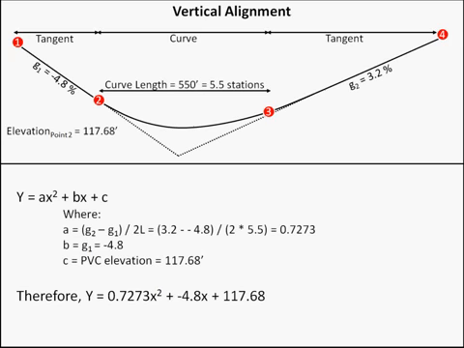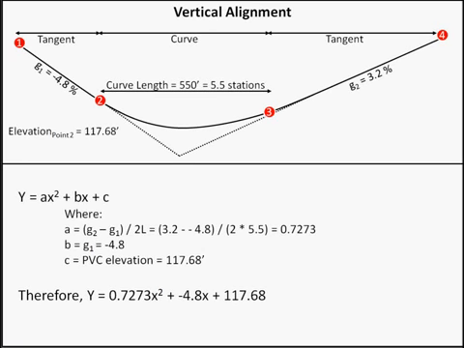B equals G1, or negative 4.8, and C equals the PVC elevation of 117.68. Therefore, our parabolic equation is y equals 0.7273 times x squared plus negative 4.8 times x plus 117.68.